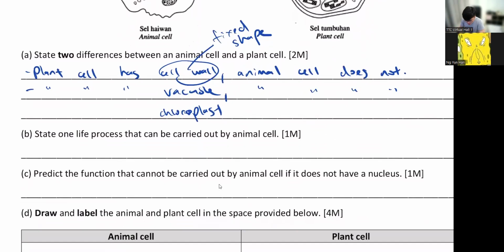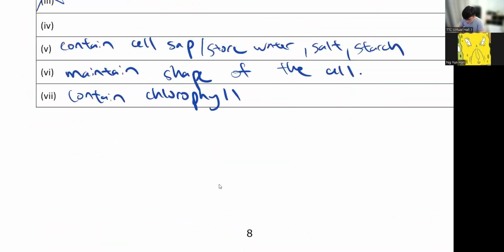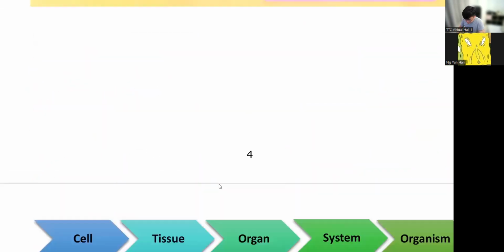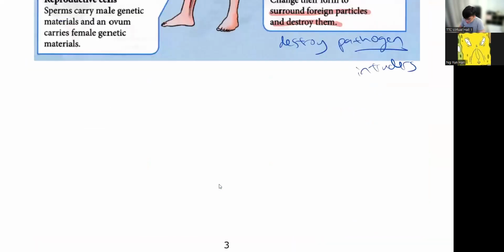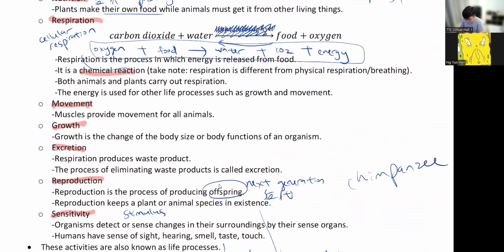So B, state one life process that can be carried out by animal cell. So what can the animal cell do? That would be respiration. You do remember what this is, huh?